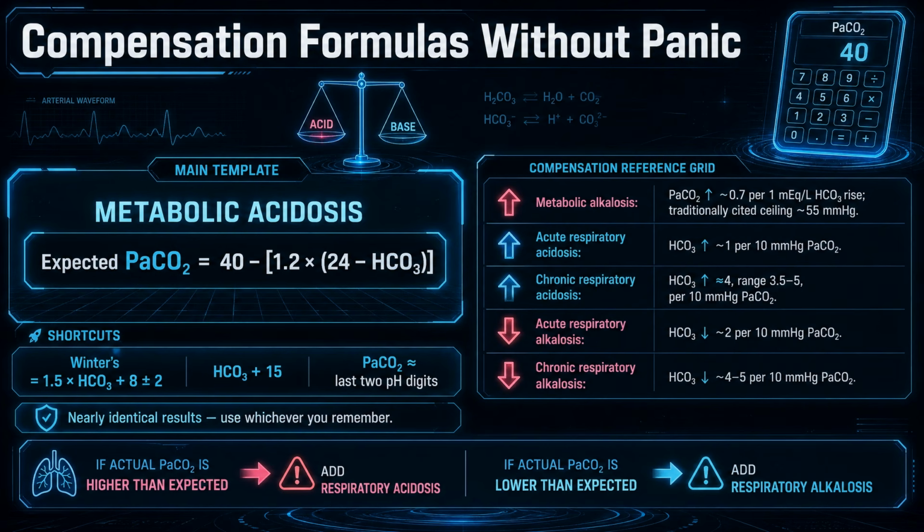These estimates give nearly identical results, so use whichever you remember. For metabolic alkalosis, carbon dioxide rises by about 0.7 per bicarbonate increase, with a traditionally cited ceiling around 55. For respiratory disorders, acute bicarbonate changes are small. Chronic kidney compensation is larger.